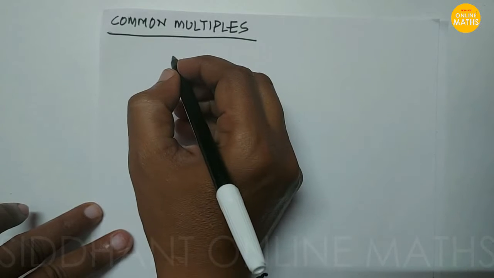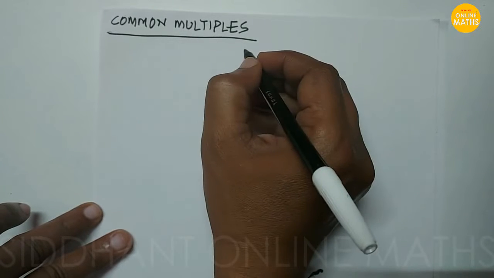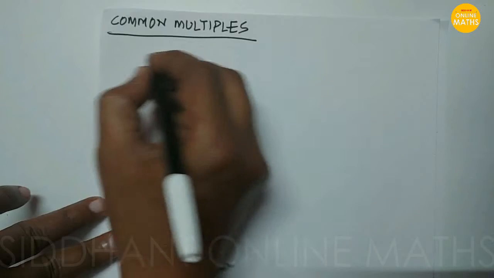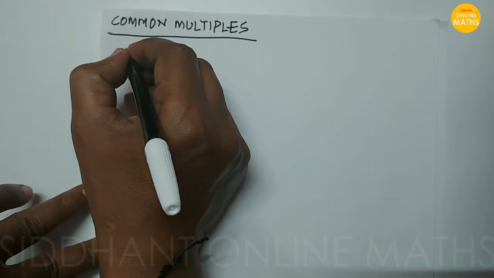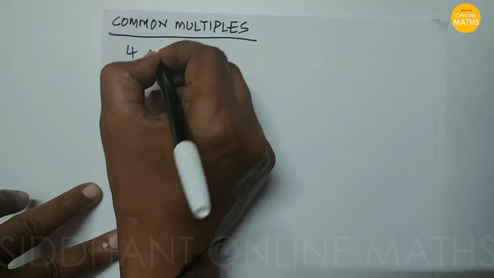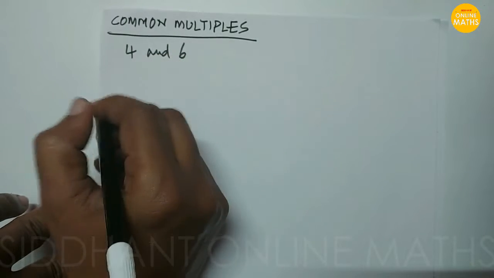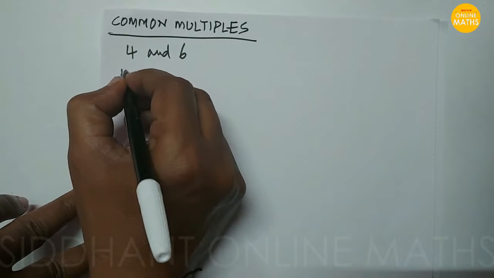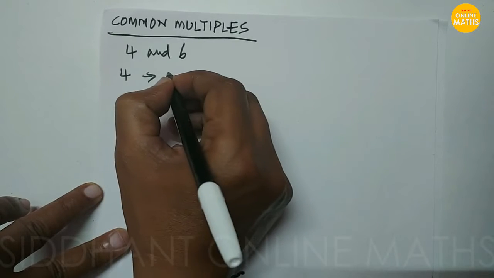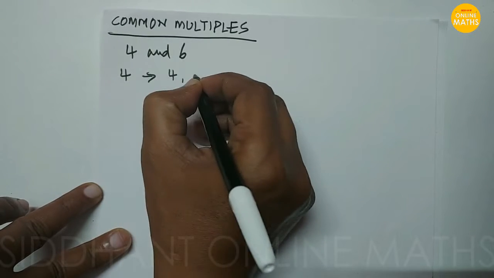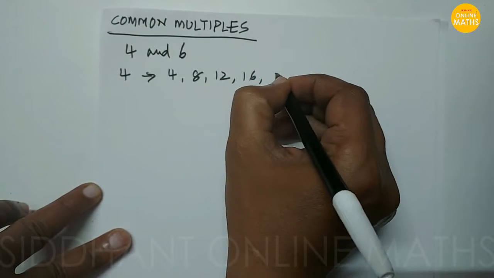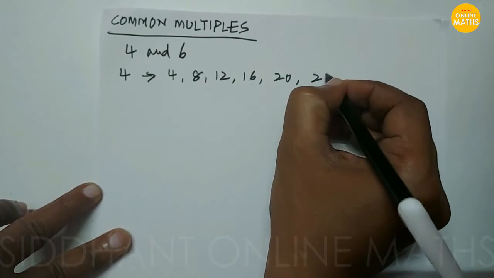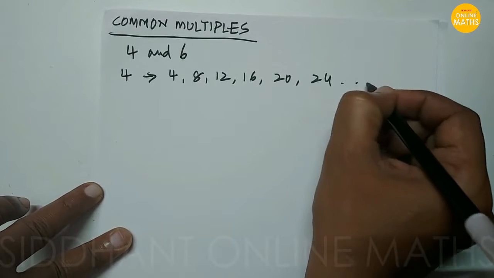Today we are going to discuss the meaning of common multiples. Here we are going to take the example of the numbers 4 and 6. First we will see the multiples of 4, that will be 4, 8, 12, 16, 20, 24, and so on.